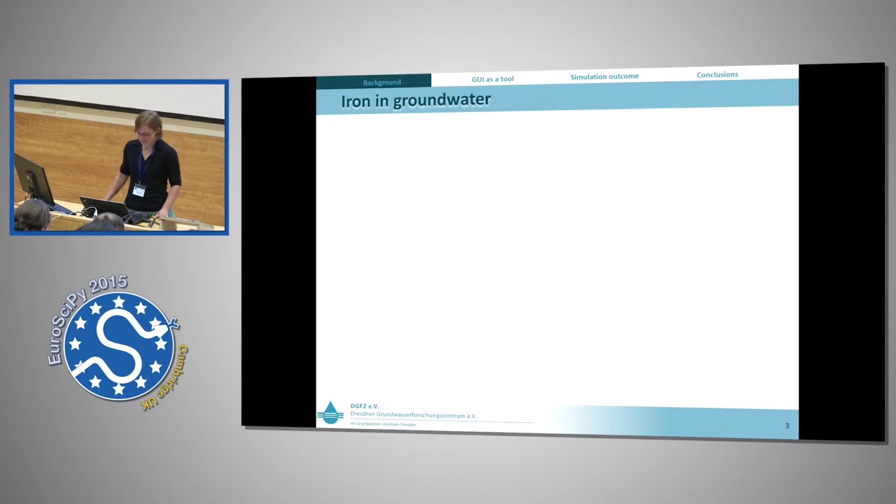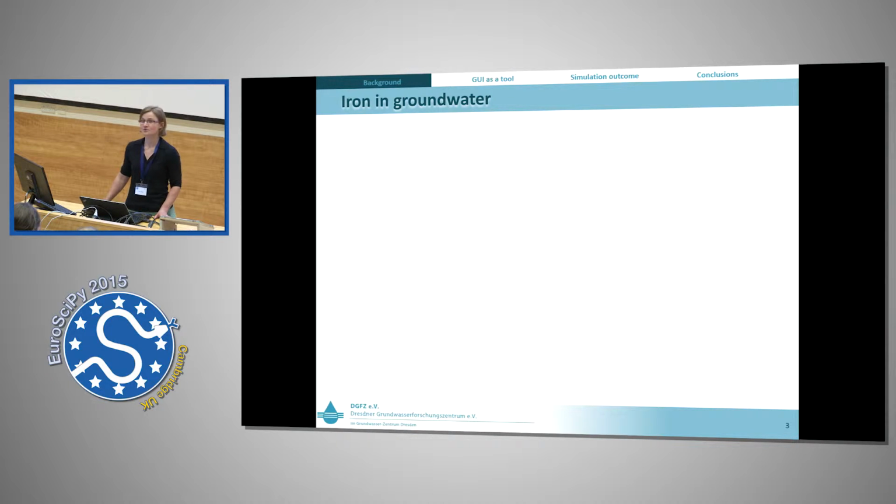And the problem today is I want to show you a graphical user interface which I implemented in Python, and it's using PyQt or PyQt, which is roughly the same.